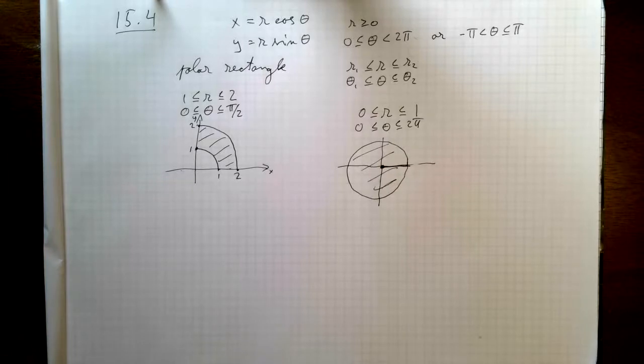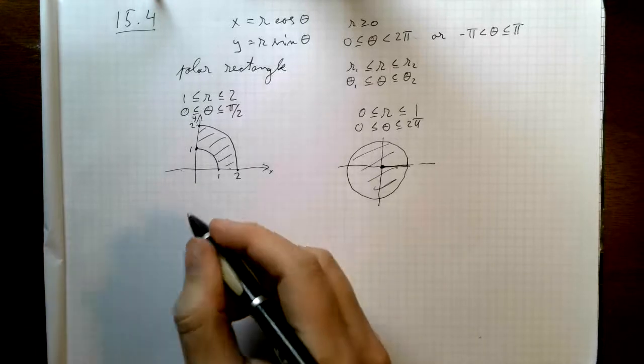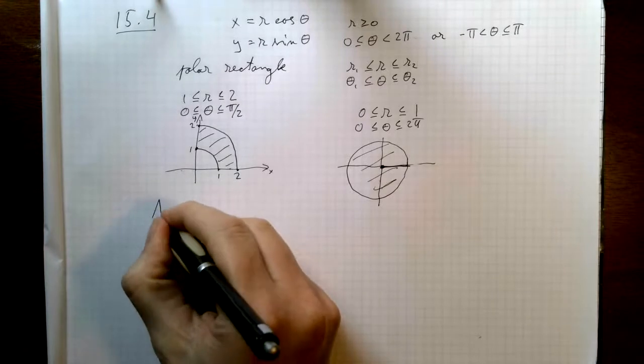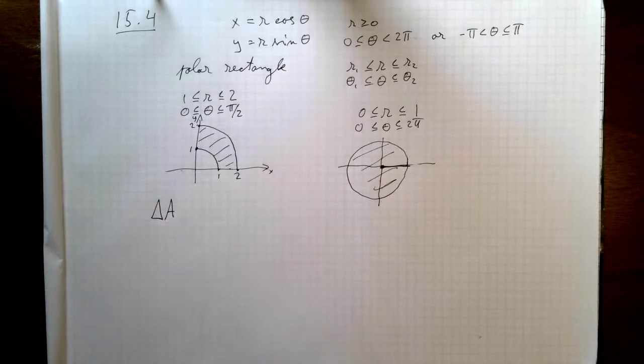So anytime you have a set that has this sort of structure, it might be worth it to use polar coordinates to integrate. Now, to integrate, we really need to figure out what that little delta A is. This is a two-dimensional integral, so it's about area.